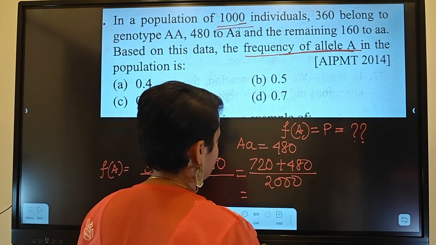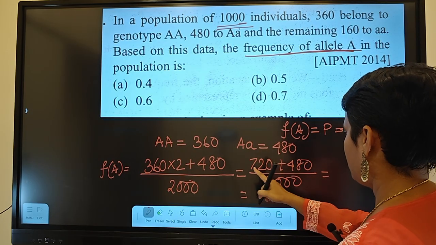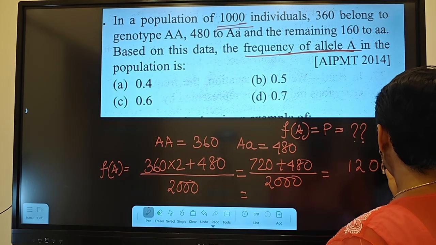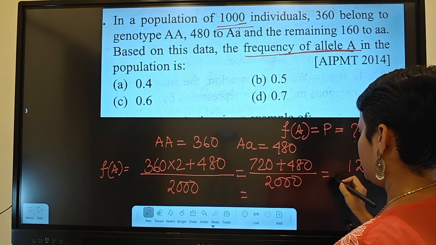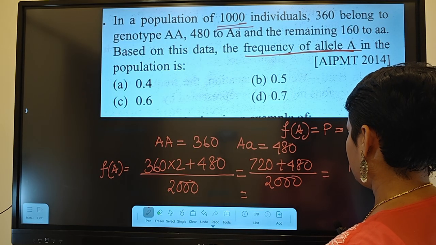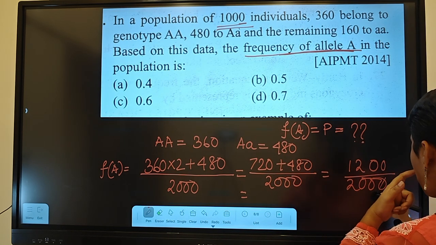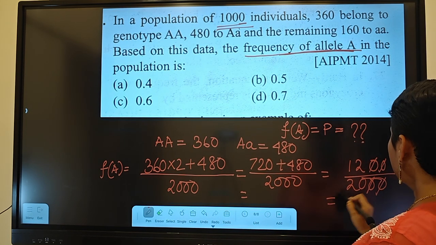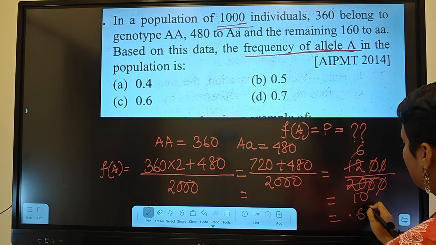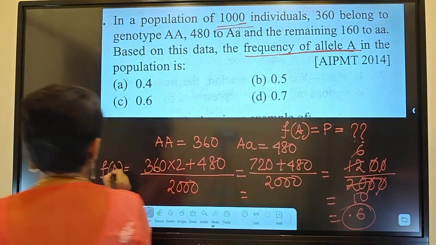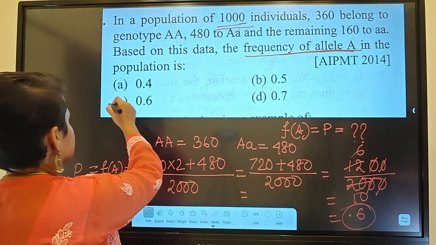So it will be 1200 by 2000, which is 0.6. So the frequency of capital A, which is P, is nothing but 0.6.